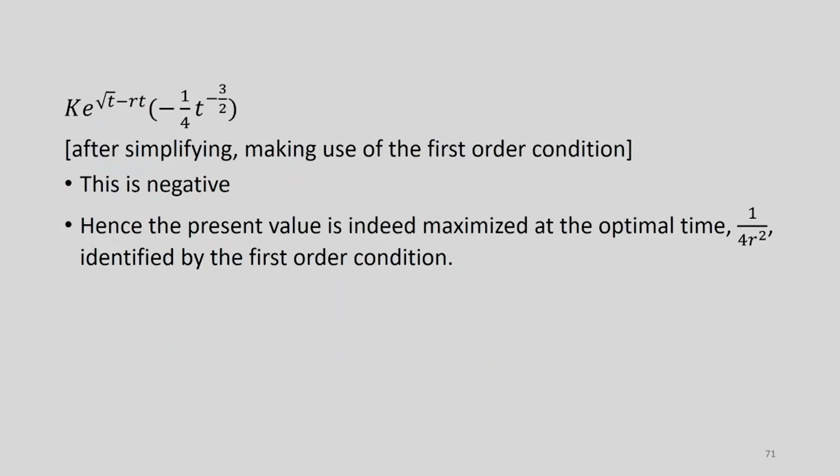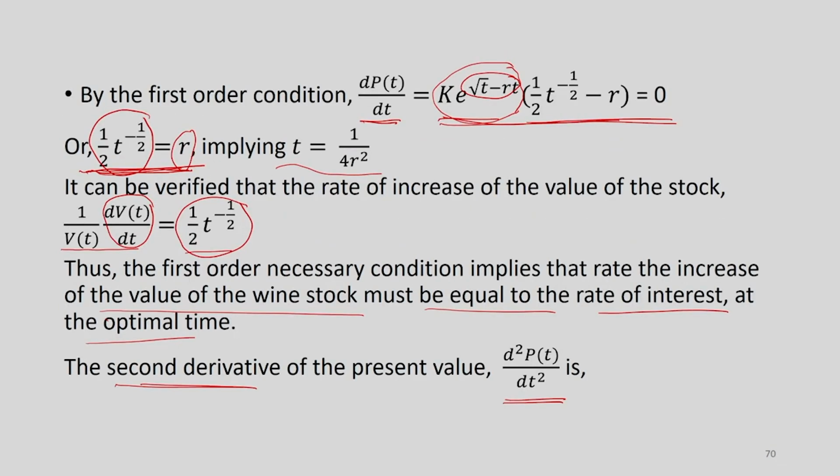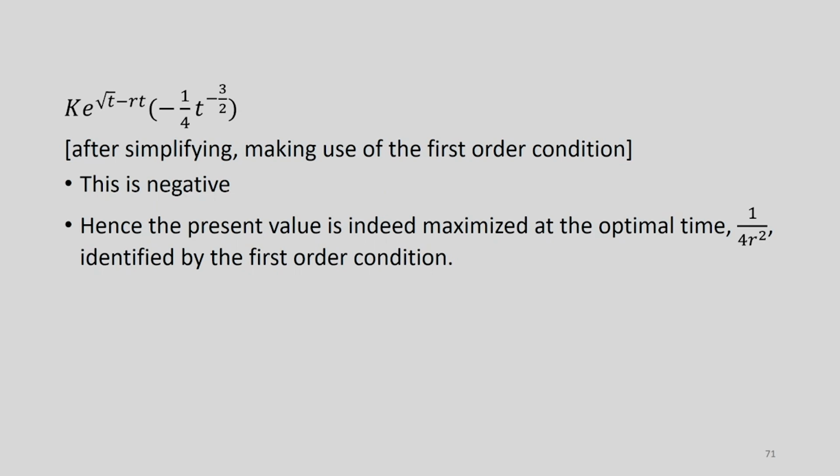Okay, this is the first derivative. If you take the derivative once more with respect to t, then actually it will turn out to be this quantity: k e to the power root t minus rt, multiplied by minus 1/4 t to the power minus 3/2.